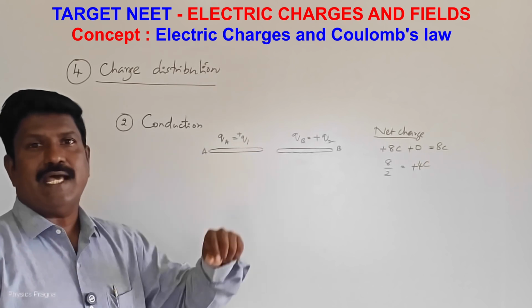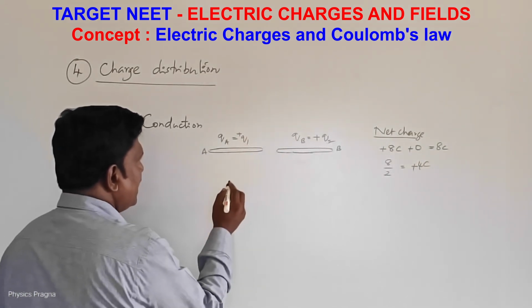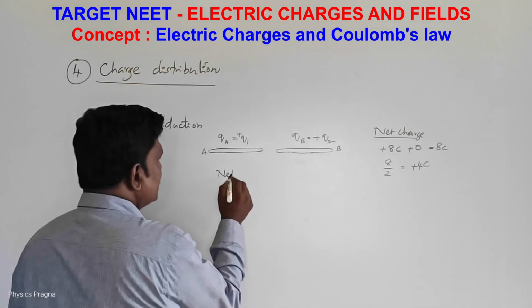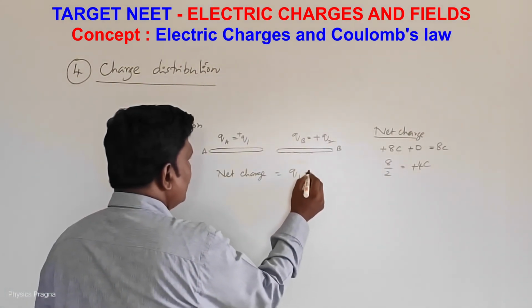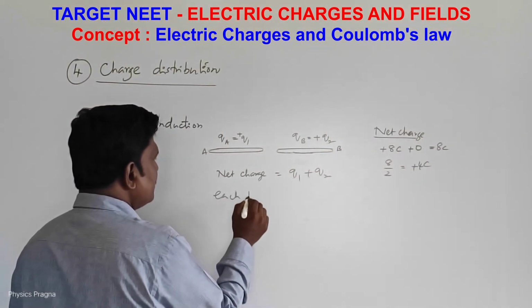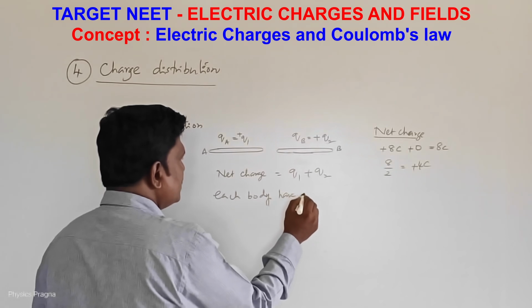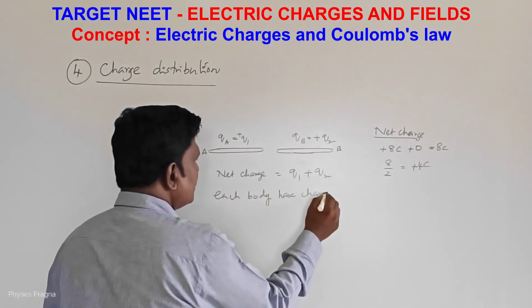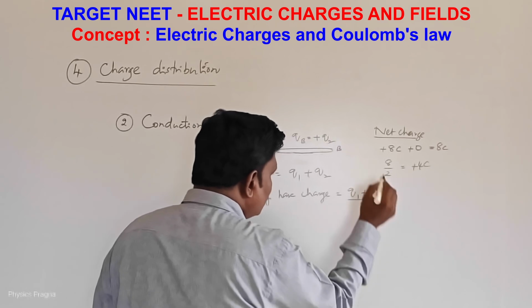Now both bodies are having charge. So if both bodies are having charge, then the net charge is equal to Q1 plus Q2. Each body will have charge Q1 plus Q2 by 2.